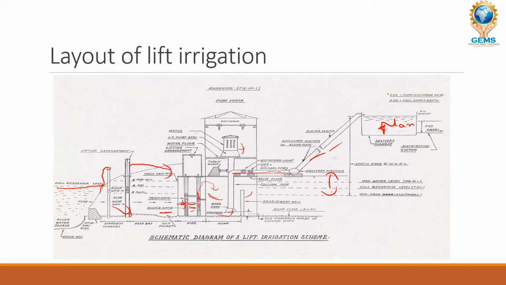This is where they measure how much water is present for delivering to the main delivery chamber. The delivery pipe present at the middle portion is attached to this motor for lifting water from this main chamber. Then the water is pumped to the delivery chamber, and finally it is fed into the canals.